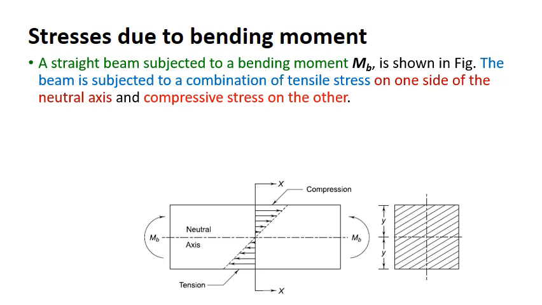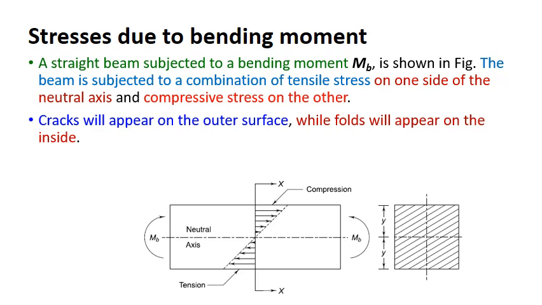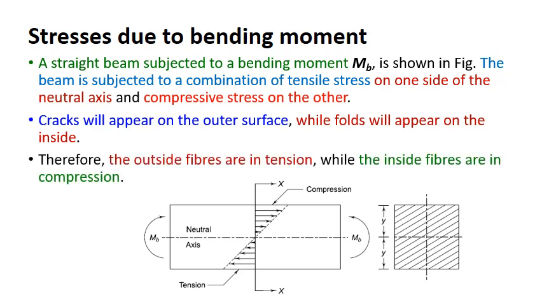The transition plane is what we call the neutral axis, where the fibers lying on the neutral axis remain undeformed. Cracks, of course, will tend to appear on the outer surface of the beam because of the tensile forces, whereas folds will appear on the top surface due to compression.